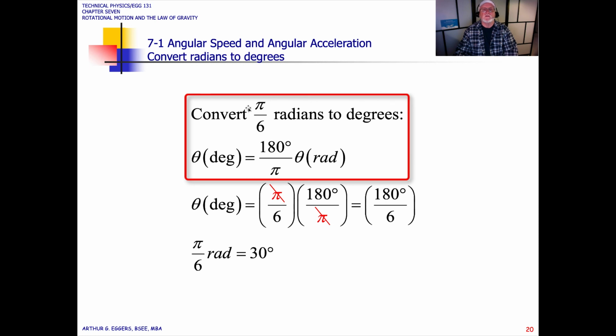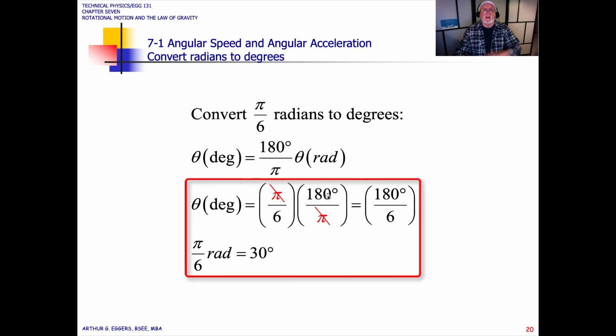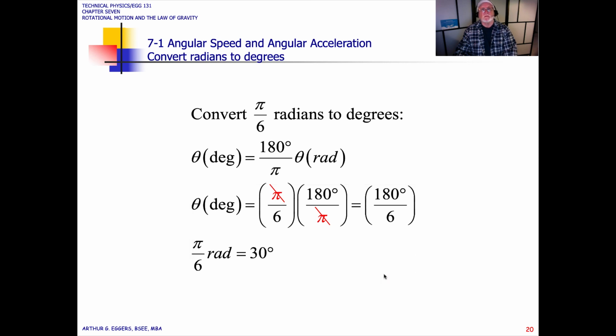If we want to convert pi over 6 radians to degrees, we multiply pi over 6 times 180 over pi. The pi's cancel out, and so we have 6 divided into 180, which gives us 30 degrees.